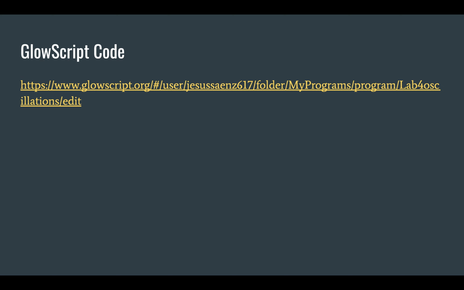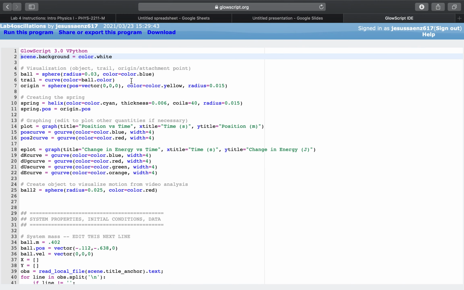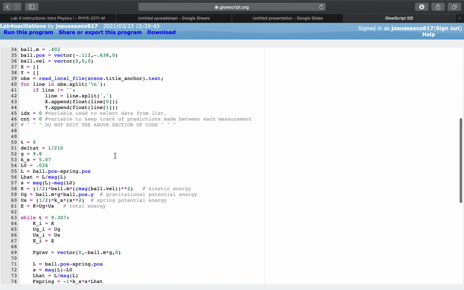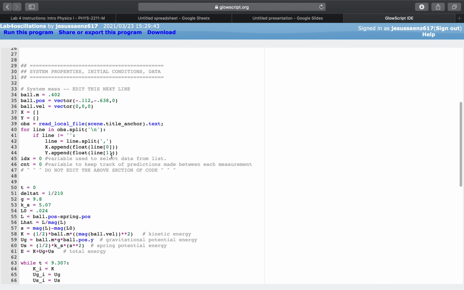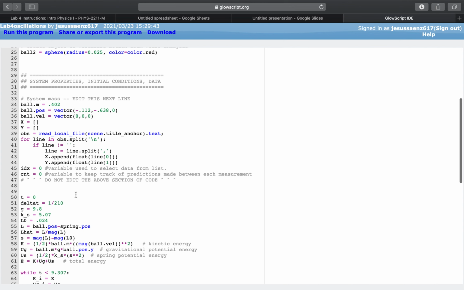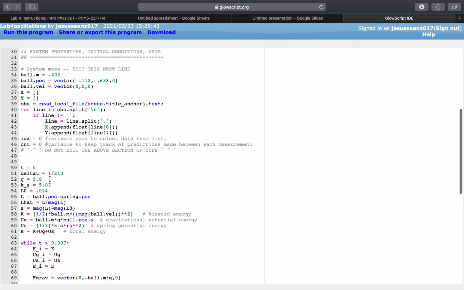So let's now take a look at our GlowScript code. I'll show you the main things to keep in mind here that we changed. That's the mass of the ball. Obviously, you want to put 0.402. Gravity is 9.8. The spring constant right here, so you want to put in your spring constant that you solved for.